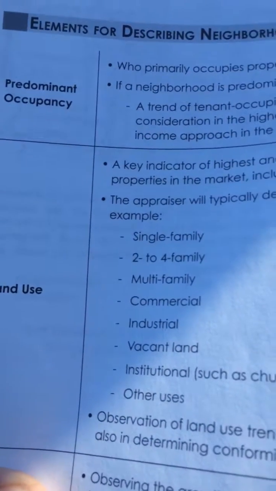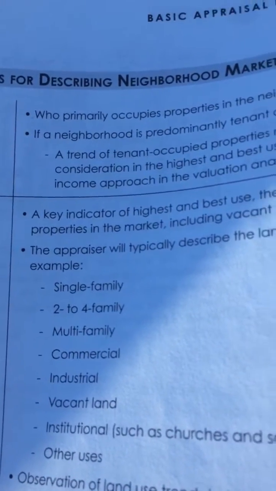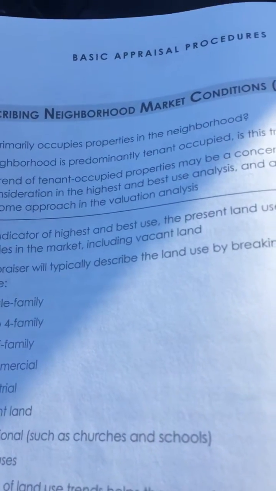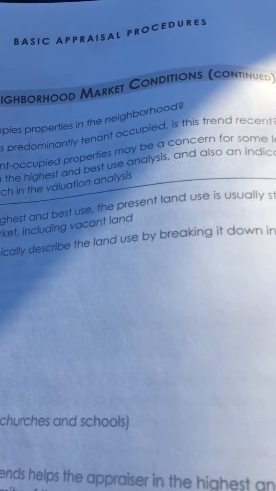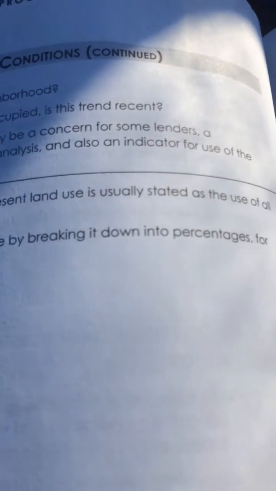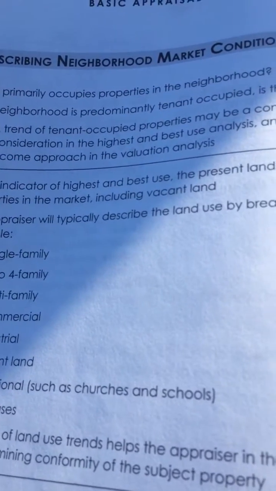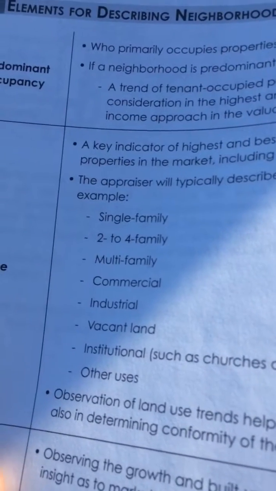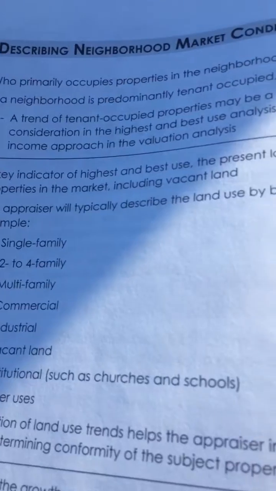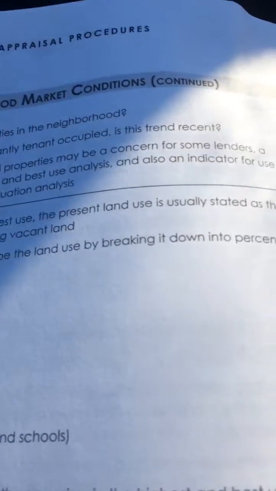Land use. A key indicator of highest and best use. The present land use is usually stated as the use of all properties in the market, including vacant land. The appraiser will typically describe the land use by breaking it down into percentages.